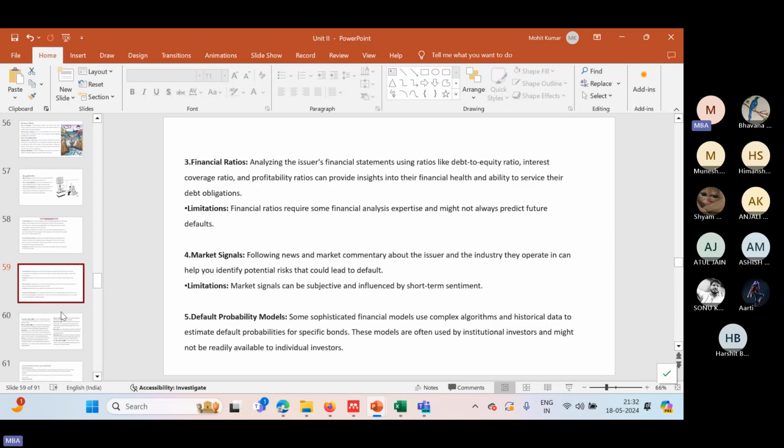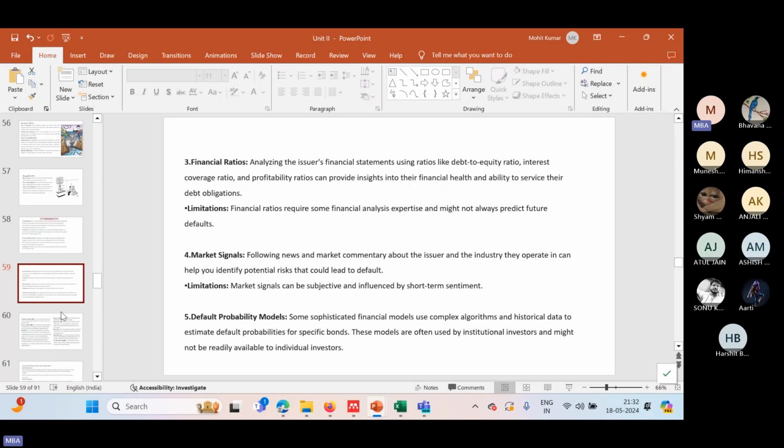Okay. Then we had financial ratios. We discussed that you can look at the debt to equity ratio, the interest coverage ratio, or profitability ratios, and you can take all these things into account and then make a wise decision. Then you have different market signals also: how the industry is doing, what is happening.